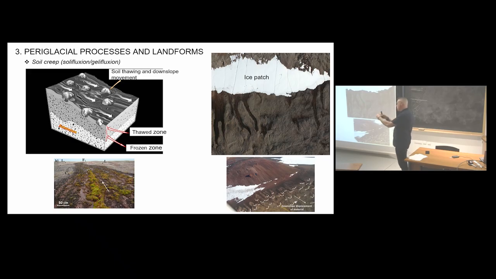You take some kind of material, and with this process, it's slowly moving down the slope over hundreds to thousands of years. And it just moves all the material that you can have, rocks and whatever you have. So an example here, you have your slope, you have your water source, and look at the number of solifluction lobes that form like that.